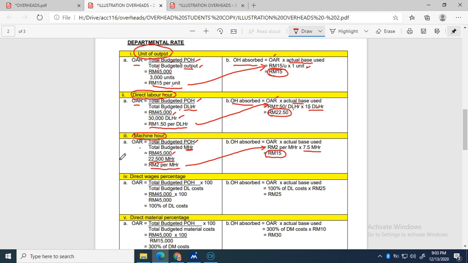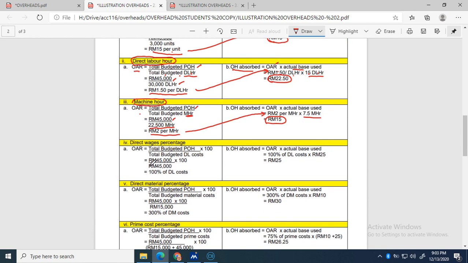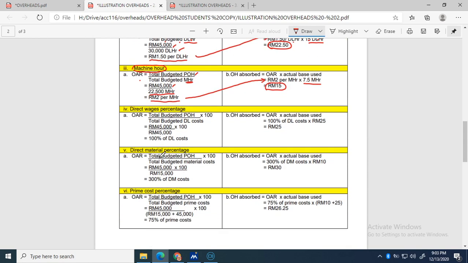Okay, then if we use direct wages percentage, direct wages is in RM. Total budgeted production overhead divided by total budgeted wages. Wages means direct labor cost. RM divided by RM, so we times 100 to get the percentage. So 45,000 total budgeted production overhead divided by total budgeted direct labor cost, or direct wages, 45,000 RM, times 100.